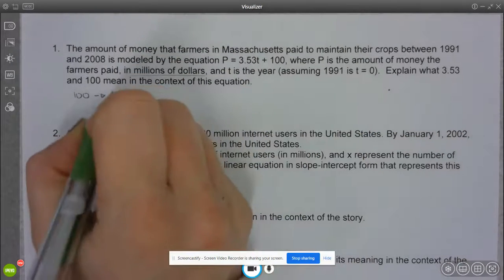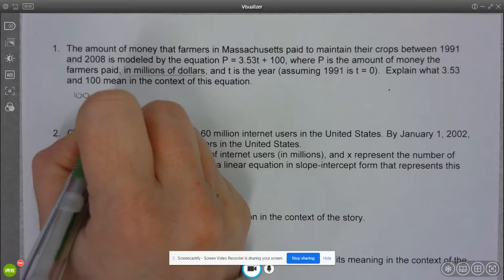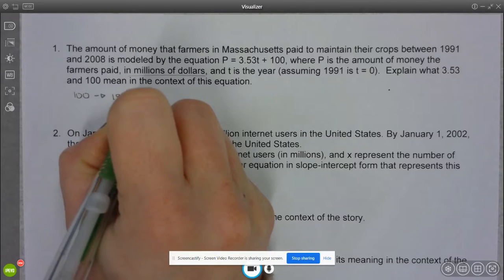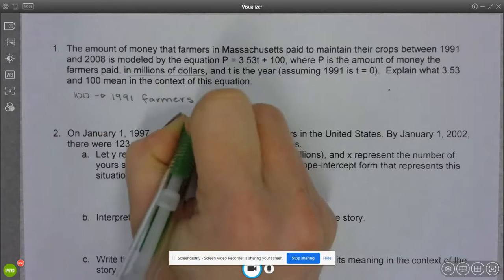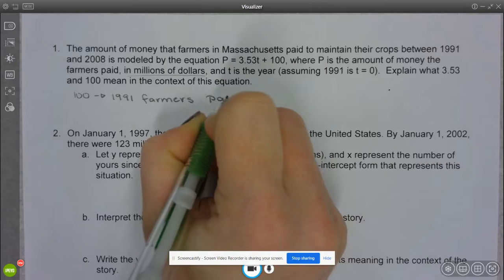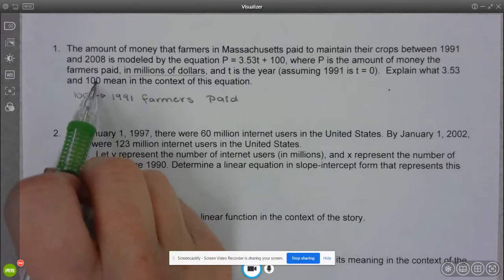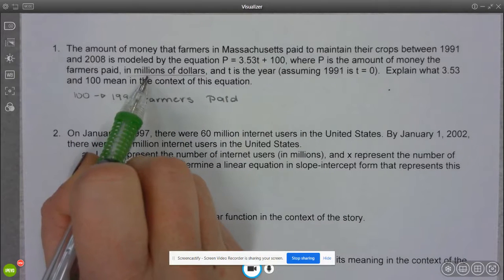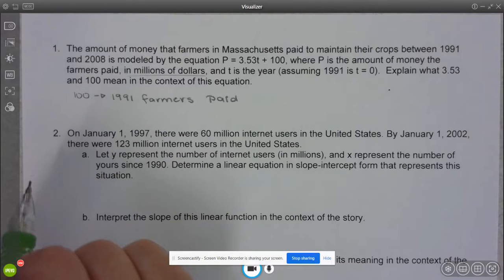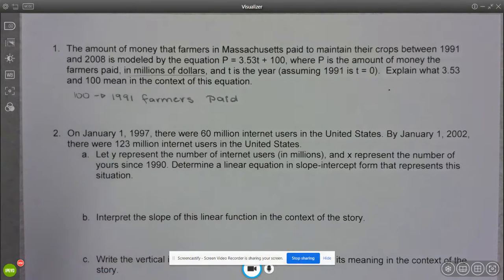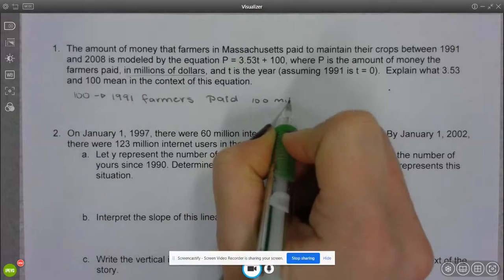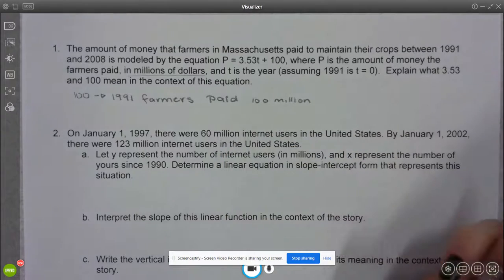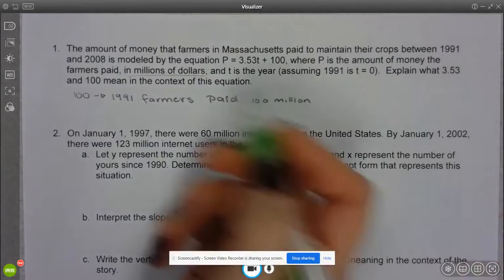So in 1991, farmers paid $100 million, because remember, it's in millions of dollars. So 100 million to maintain their crops.